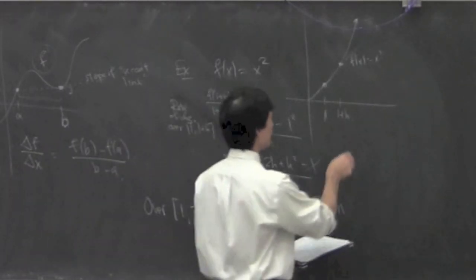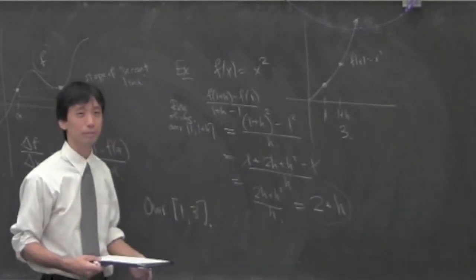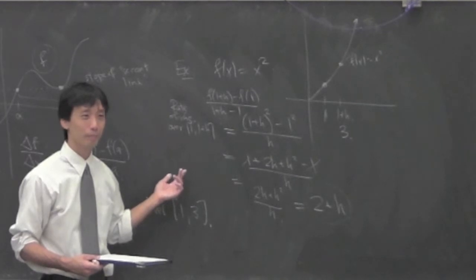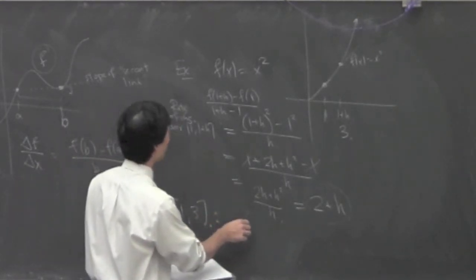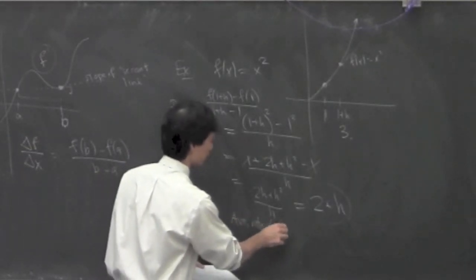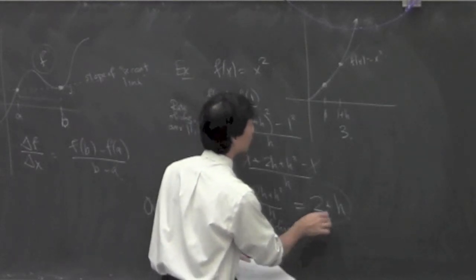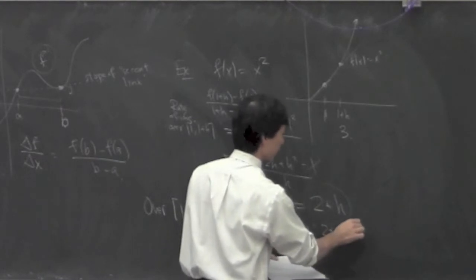If this point is 3, then h is going to be 2. So h is 2, and we get 2 plus 2, that's 4.